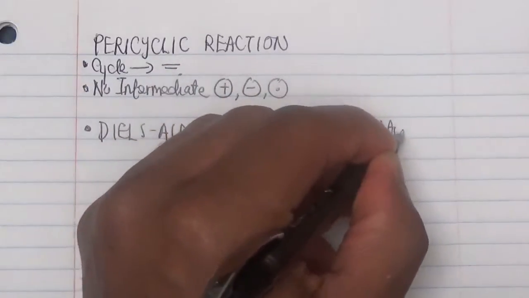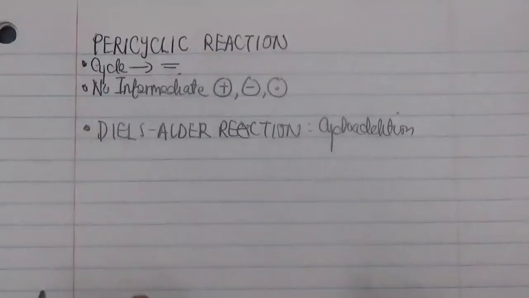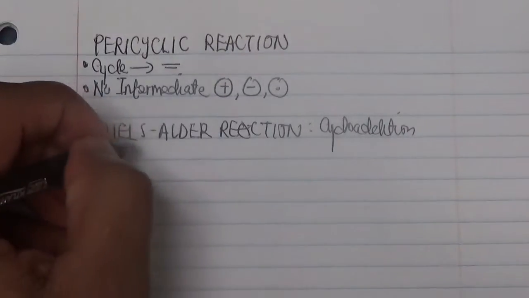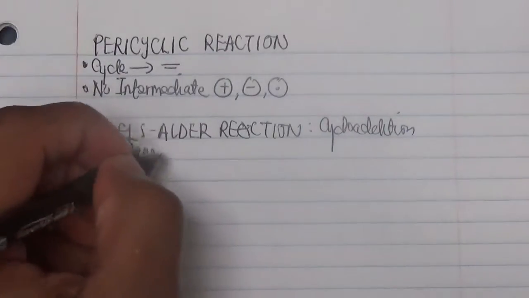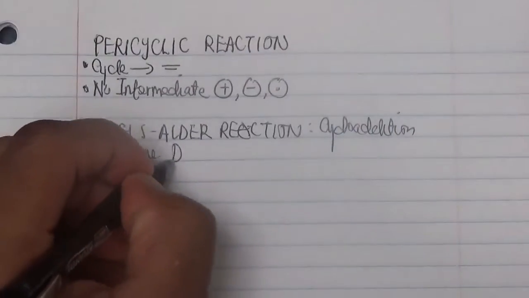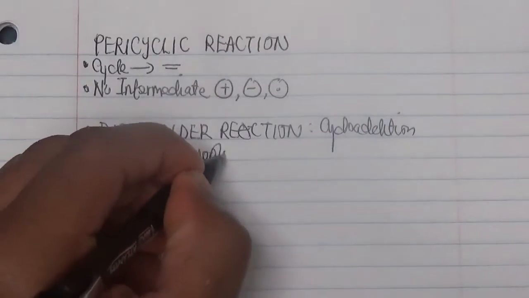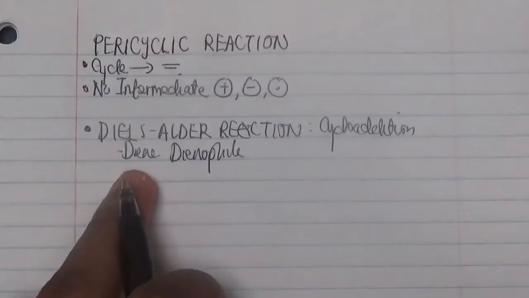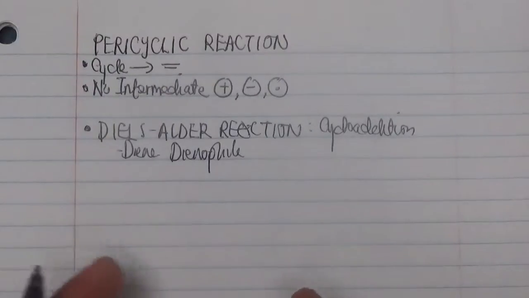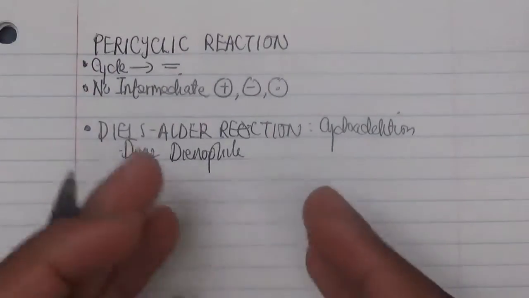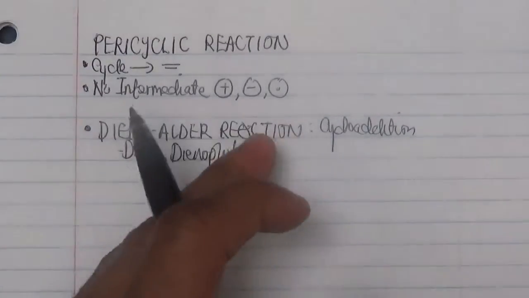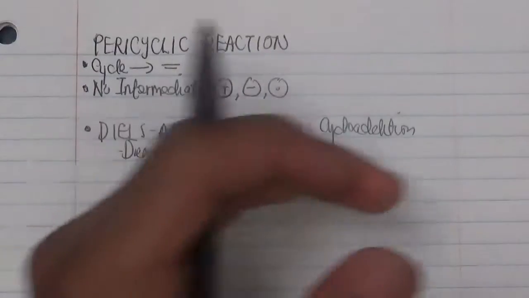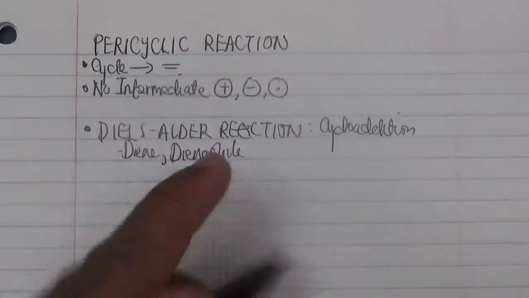The form we're going to be looking at is just between two species, and the two species you're going to be familiar with are the diene and the dienophile. In our next video we'll be looking more at the purpose of dienes in this reaction, and also addressing dienophiles, but you just need to know these two species because they are really important in this cycloaddition reaction.